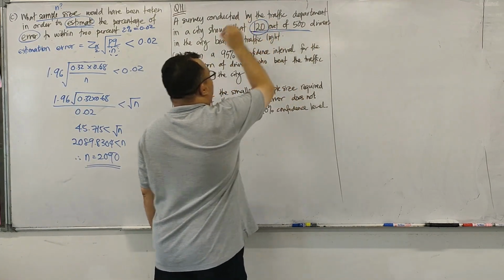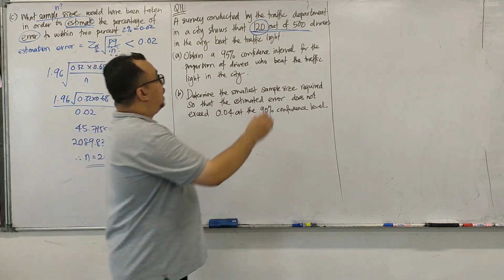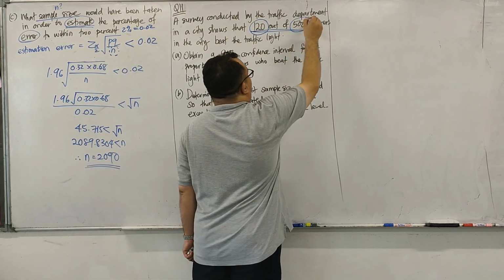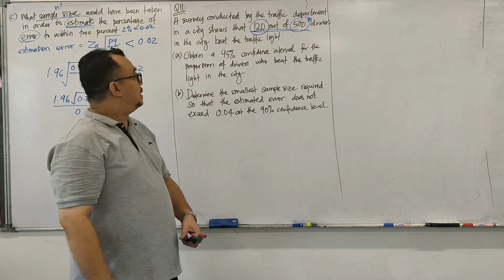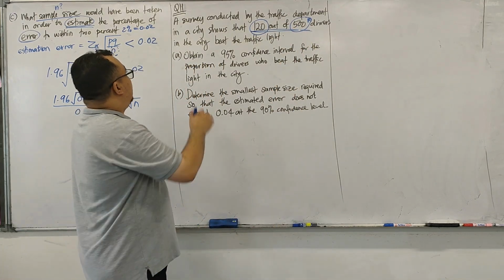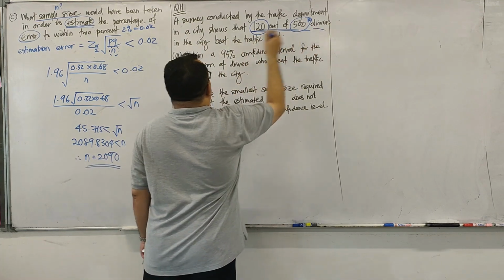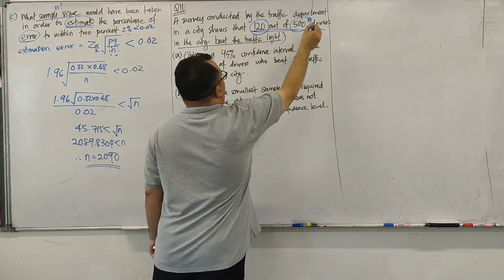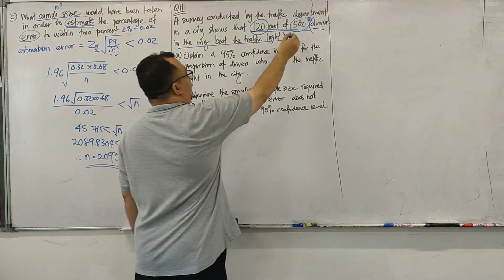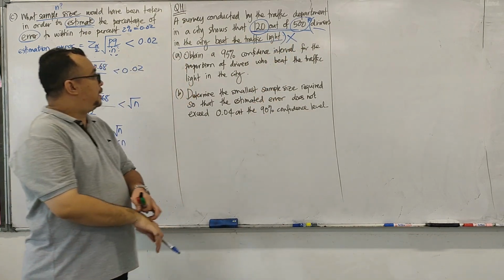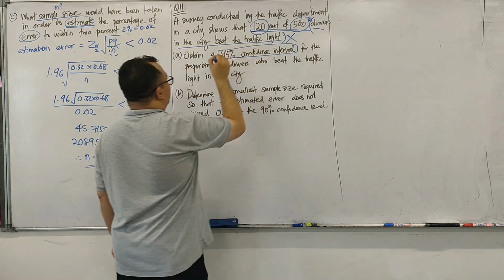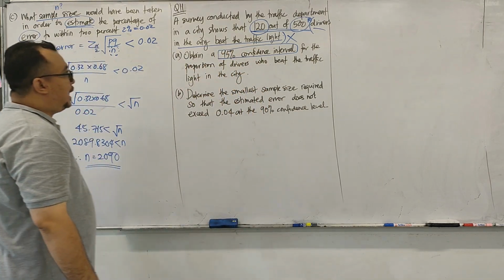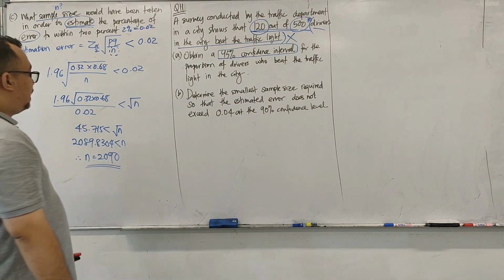So this one will give your proportion. This one is your n. Okay, 120 out of 500, that one is your proportion. Drivers in the city beat the traffic light. So that one will become your x. Obtain 95% confidence interval.